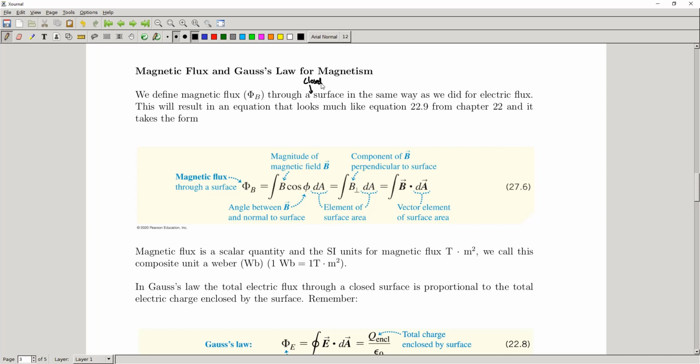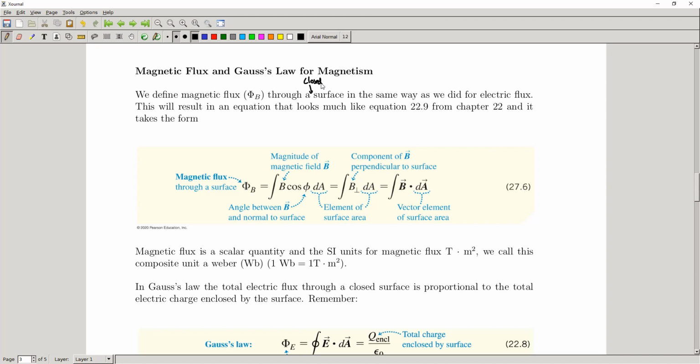So the result that we're going to have in this section could basically be discussed in the same terms and derived in the same way as we derived equation 22.9 from chapter 22 when we were looking at Gauss's law.